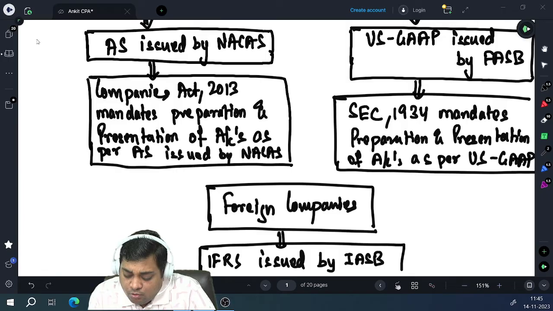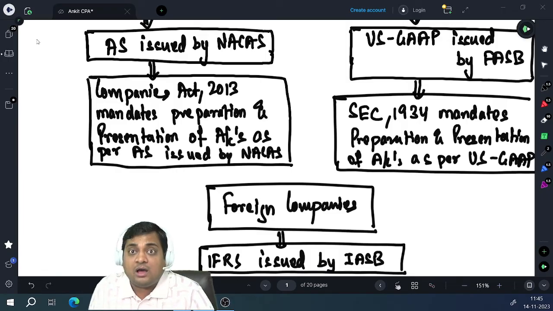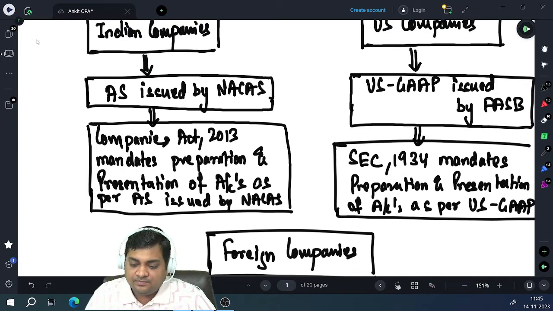So these are the rules we have to follow when we do accounting in respective countries.